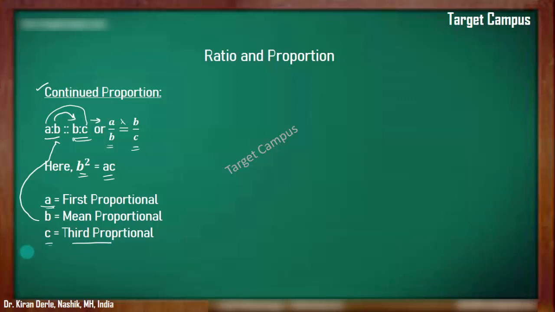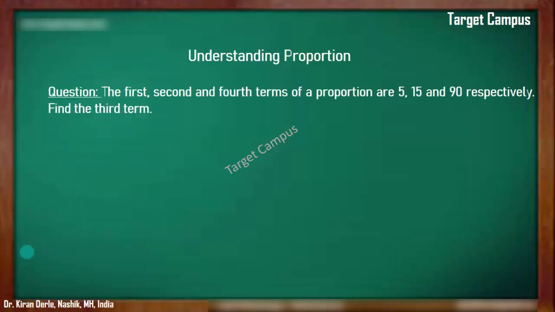We'll solve a few questions to make it clear. The first, second and fourth terms of a proportion are 5, 15, 90. So we have four terms. A is to B is in proportion with C is to D, right?